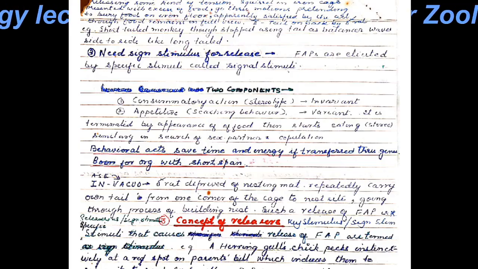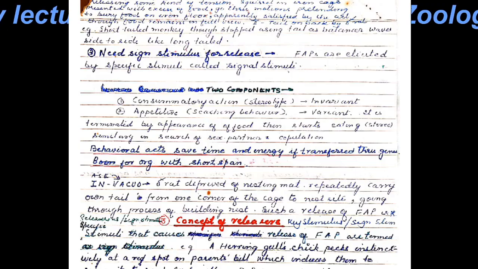The sign stimulus should necessarily be present in fixed action patterns, as I have told you, and the sign stimulus here is the sight of the displaced egg. The goose first fixates its sight on the egg and extends its neck over the egg, and using the underside of the beak, it rolls it back to the nest.